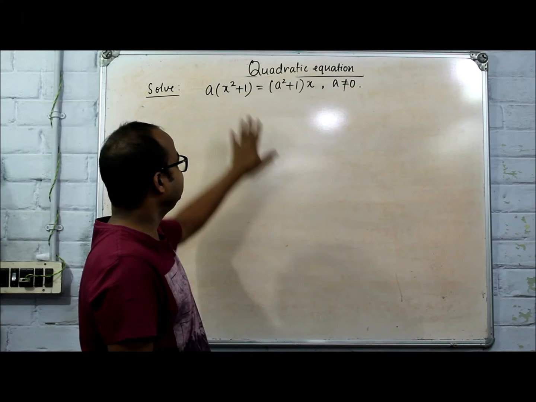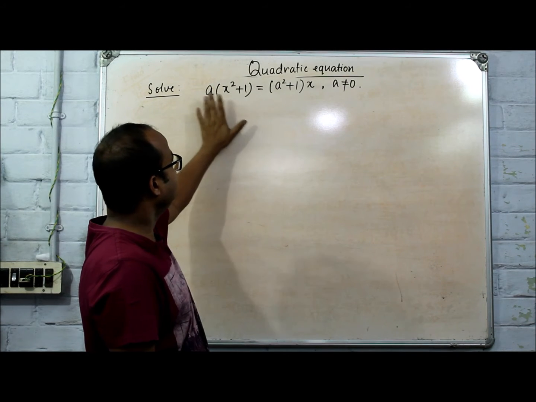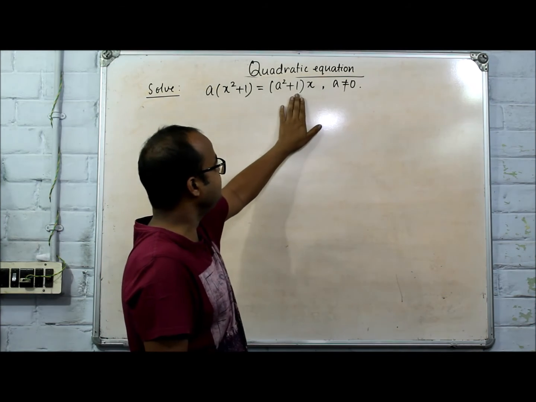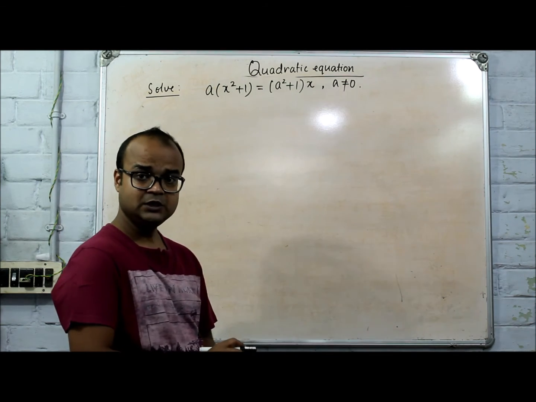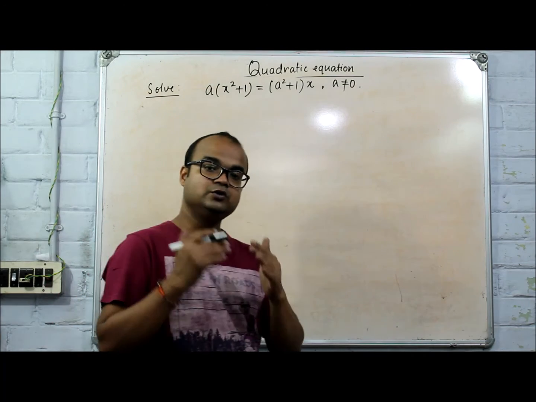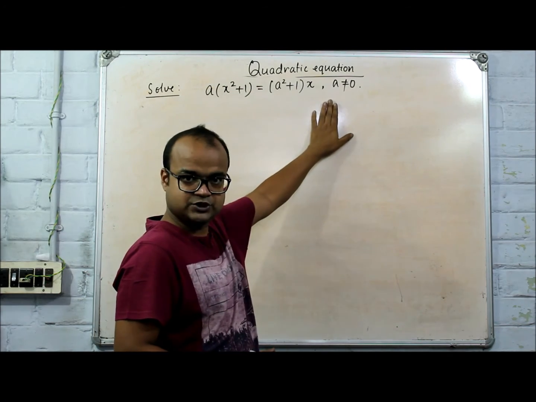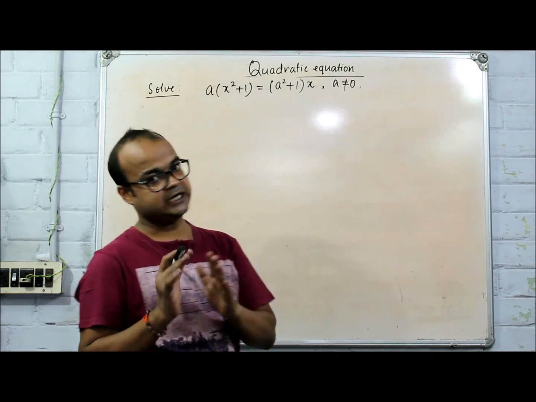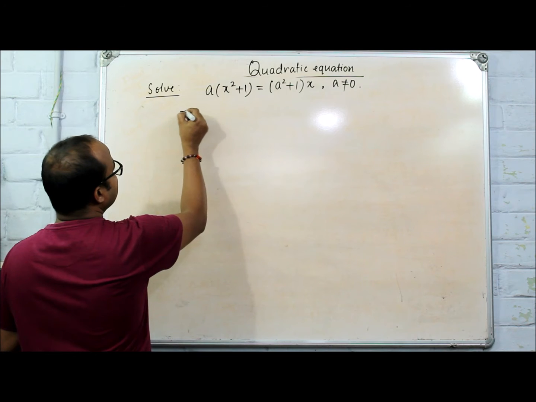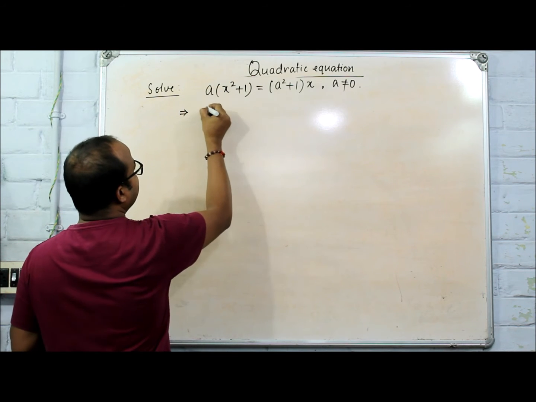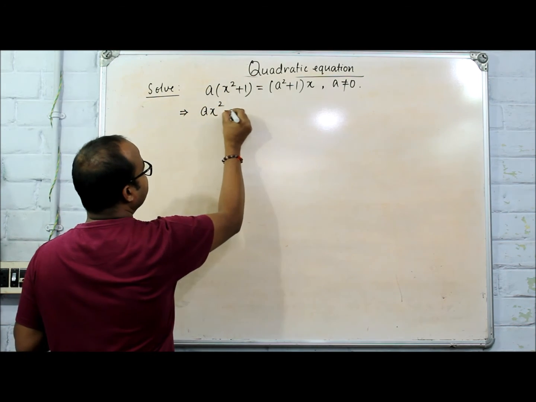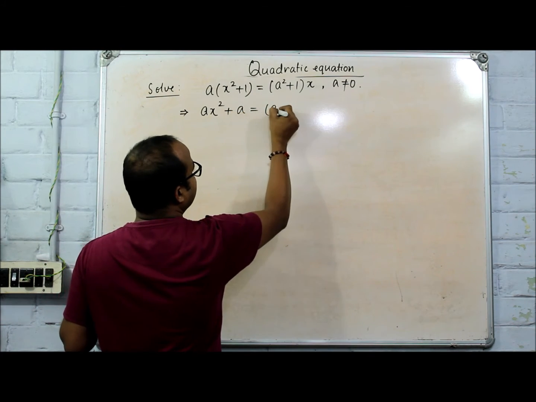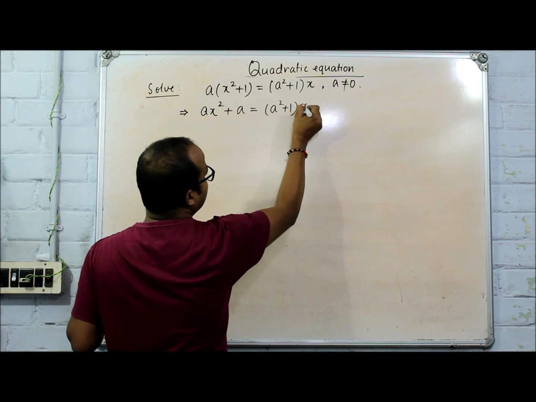Now let us solve this problem. a into x square plus 1 is equal to a square plus 1 into x. First we simplify this equation by multiplying and write it in the standard form. If you multiply, you will get ax square plus a is equal to a square plus 1 into x.